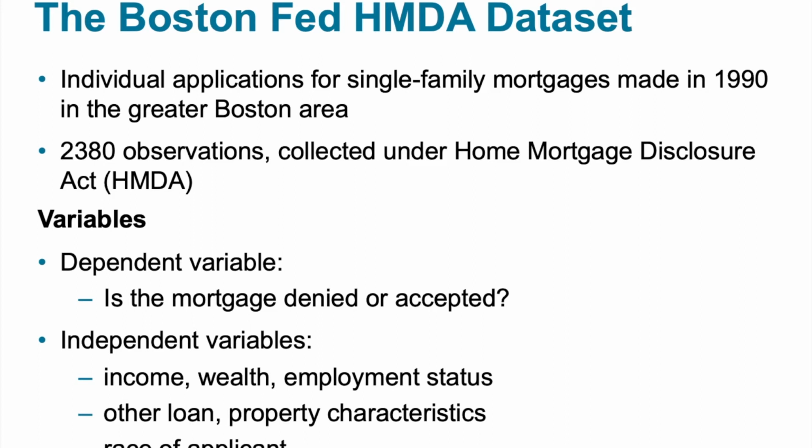Independent variables include income, wealth, employment status, other loan and property characteristics, and the race of the applicant. We're going to use these independent variables to predict whether a mortgage is denied or accepted, and we'll look at the race of the applicant to help us think about whether there is racial discrimination in mortgage acceptance or mortgage denial.